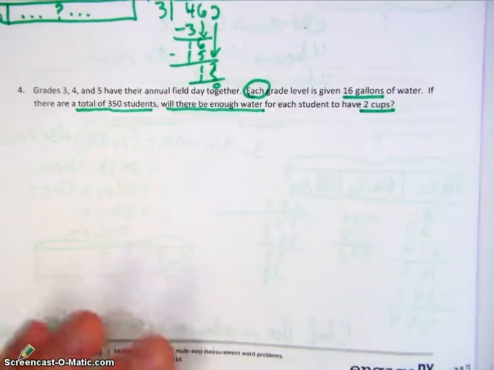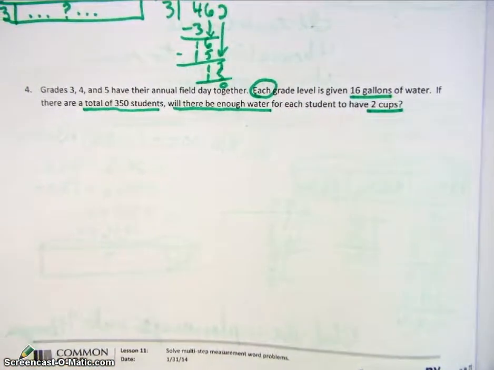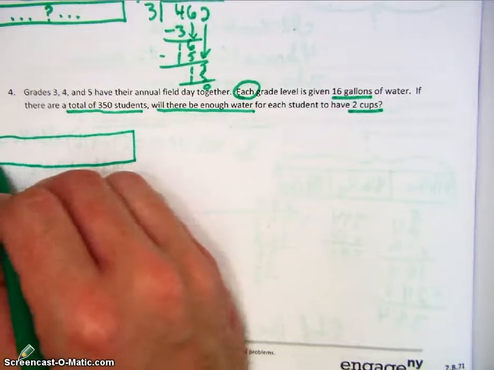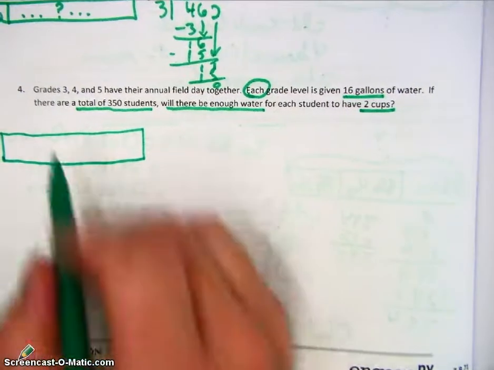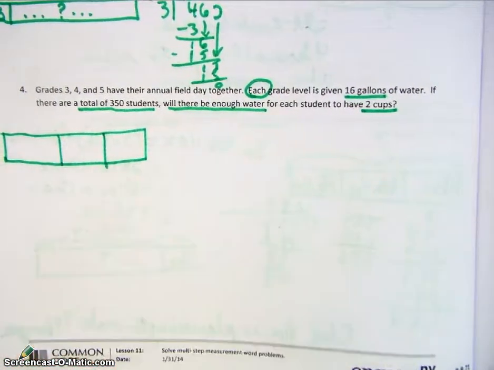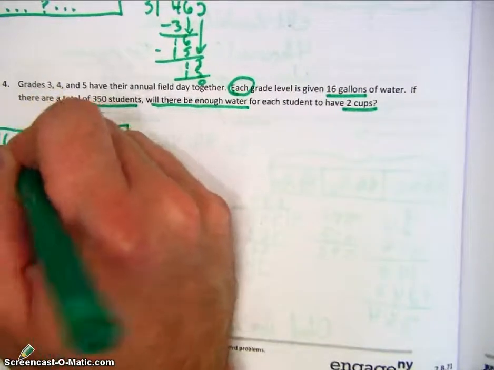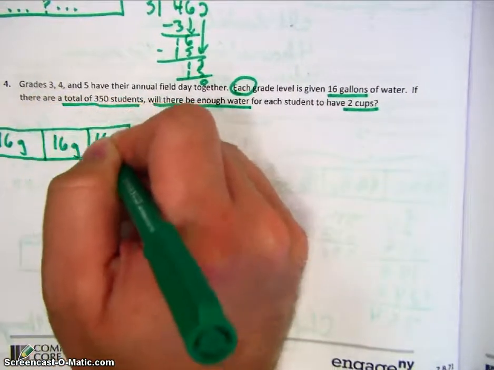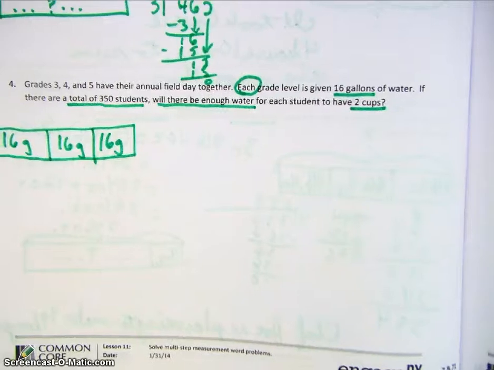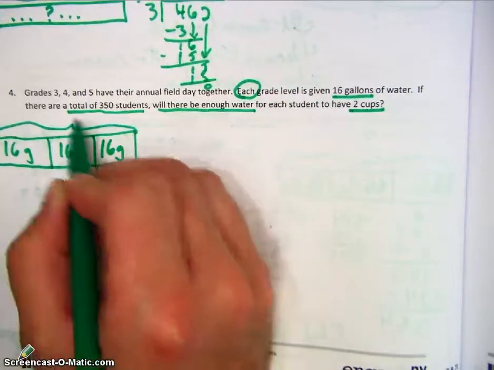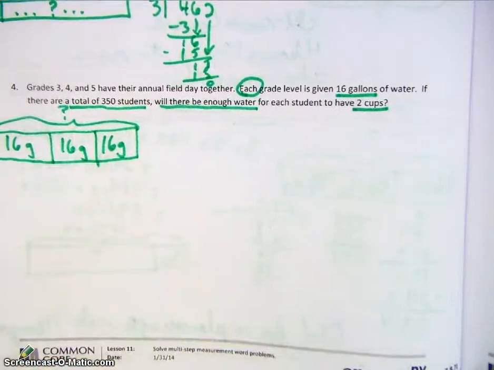All right, so there's a lot going on in this. So let's model it out. So we have our 3 grade levels, grades 3, 4, and 5. Now each grade level is given 16 gallons. So we need to find out the total number of water they have.